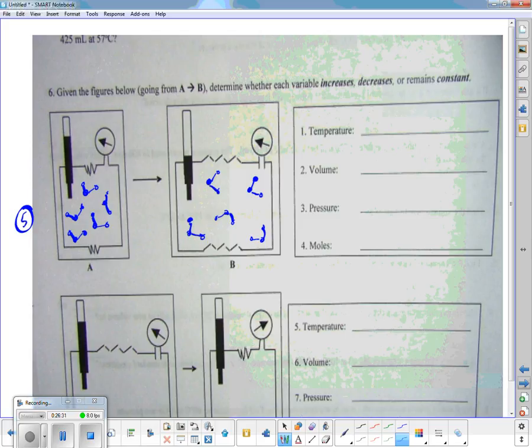You want to say, okay, what's happening here? This is my thermometer. What's happening to the temperature? It's decreasing, so you're going to put decreasing. What's happening to the volume? So you're going to put increasing. What's happening to the pressure?